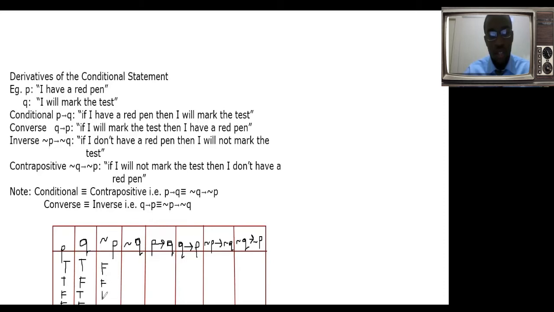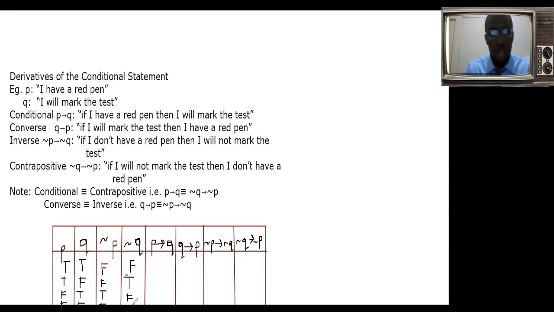Then not Q, wait, the negation of Q, so we're negating right here. My apologies. So we're negating Q, so it is false, true, false, true. So that's what we have. The negation of true is false, the negation of false is true, then the negation of true is false, and then the negation of false is true.